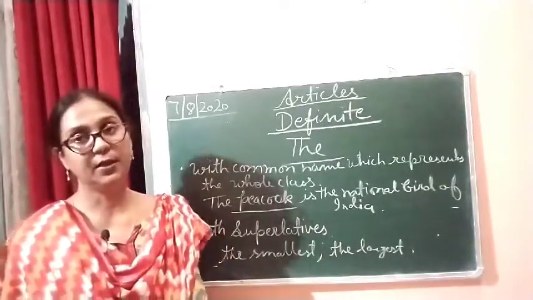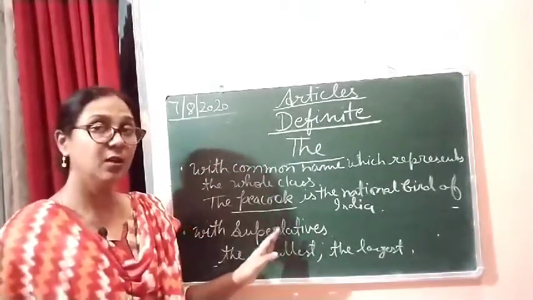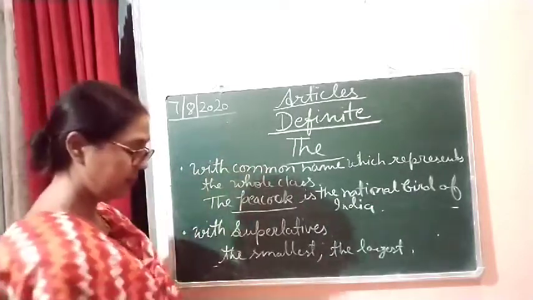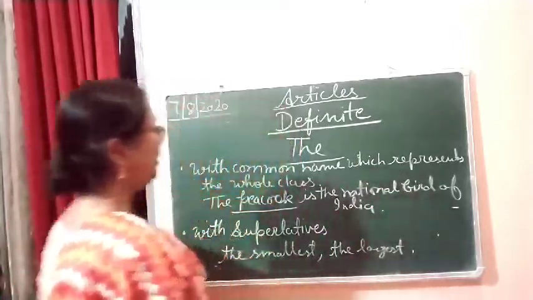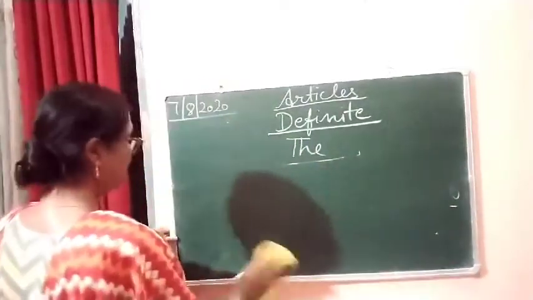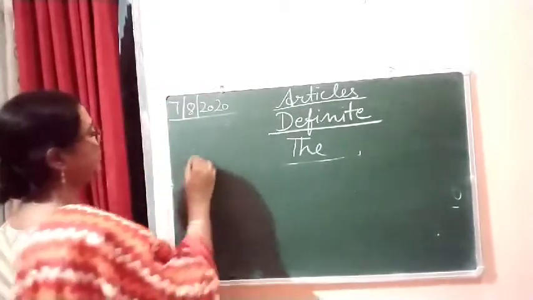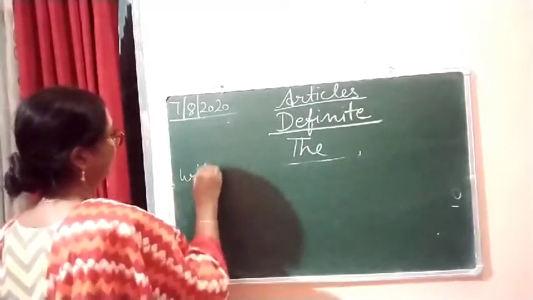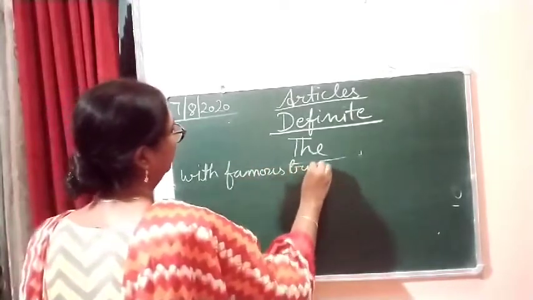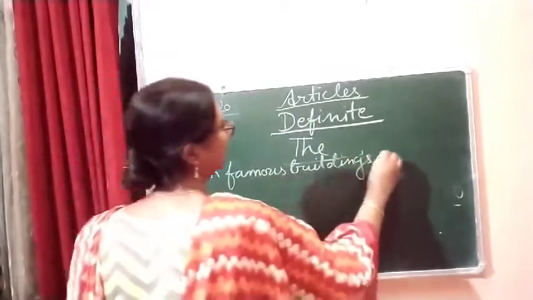For every superlative degree of comparison, we write the before it. We have to keep this in mind. The next place where we use the is with famous buildings or monuments.